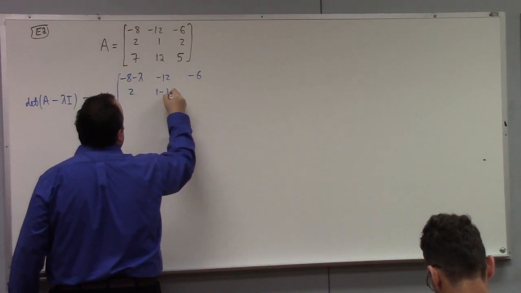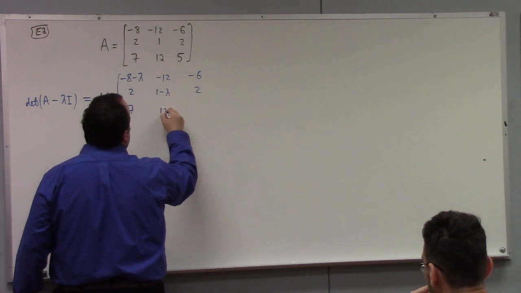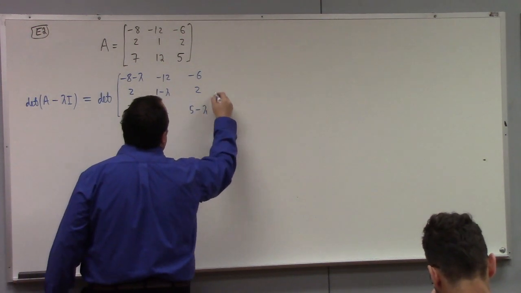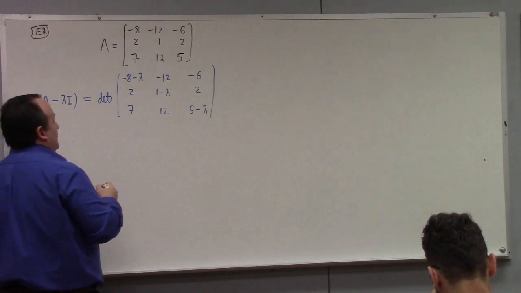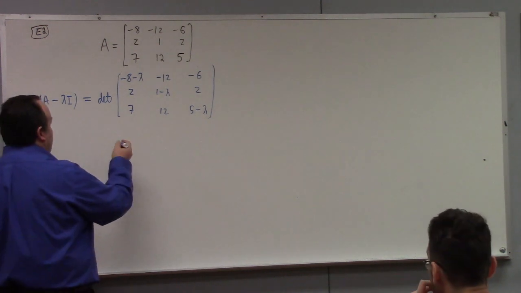And if you don't like lambda, you could use x for your variable here. I would not be offended, as long as you don't confuse that x with the x that we also use for the solution to the eigenvector, which I've seen students do. But you guys wouldn't do that.